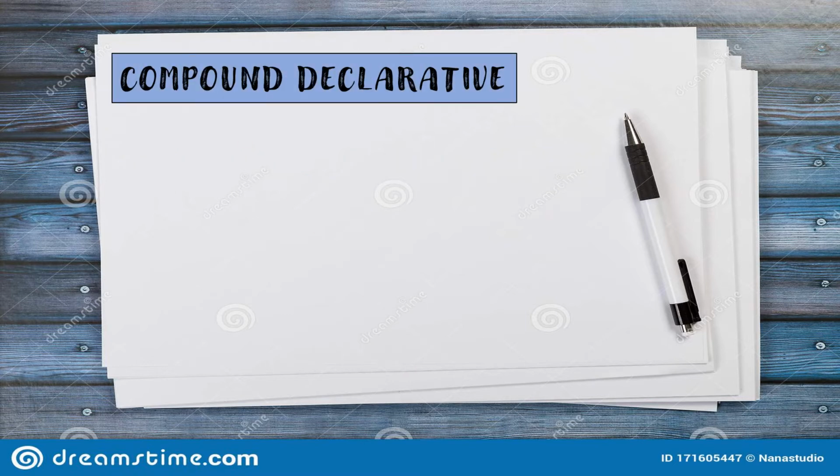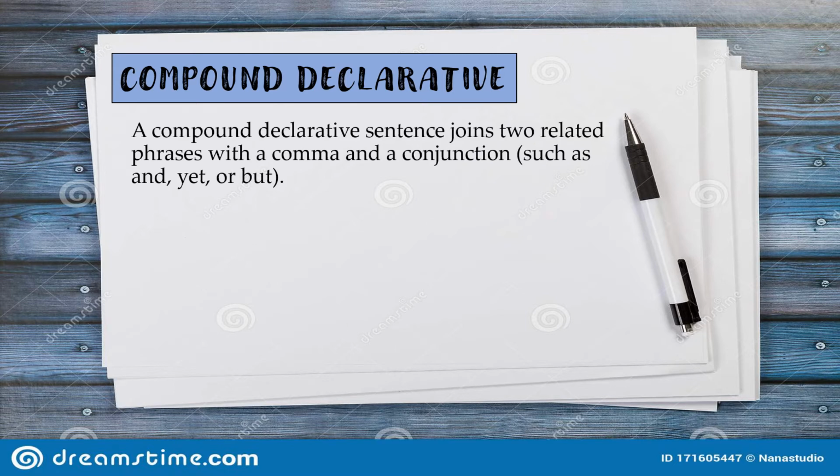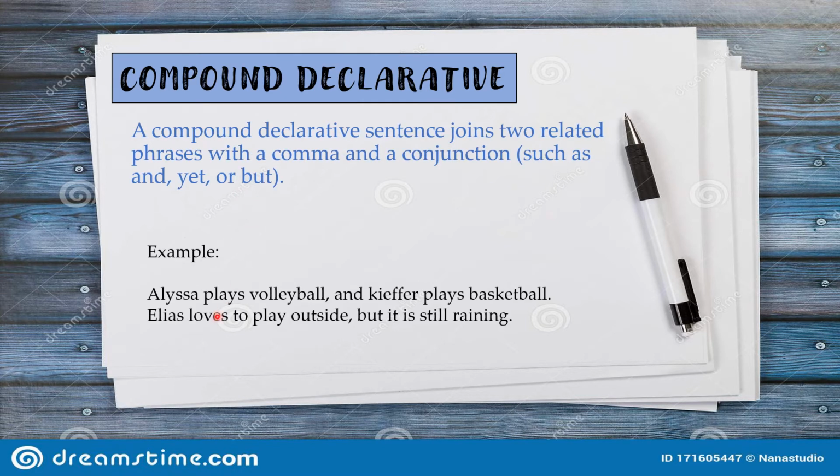Next, let us have compound declarative. A compound declarative sentence joins two related phrases with a comma and a conjunction, such as and, yet, or but. Example, Eliza plays volleyball and Kiefer plays basketball.